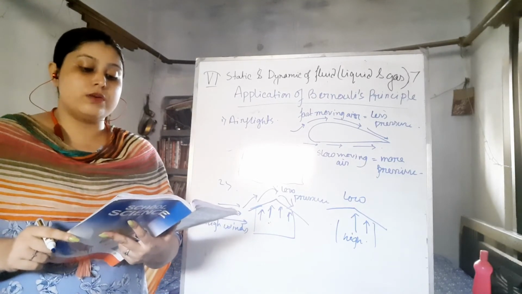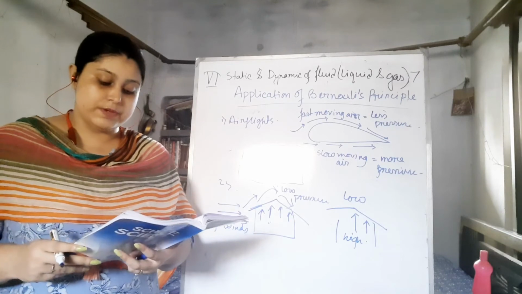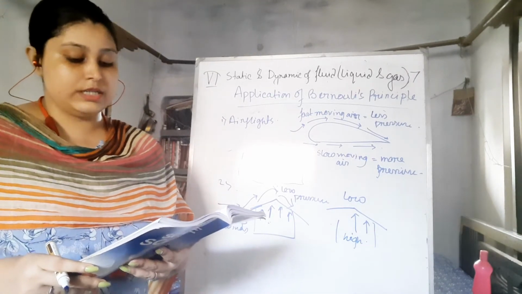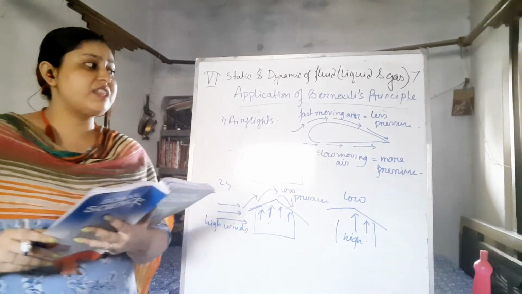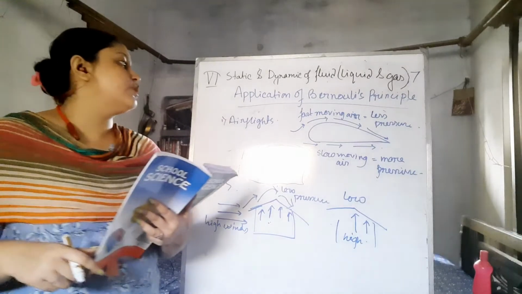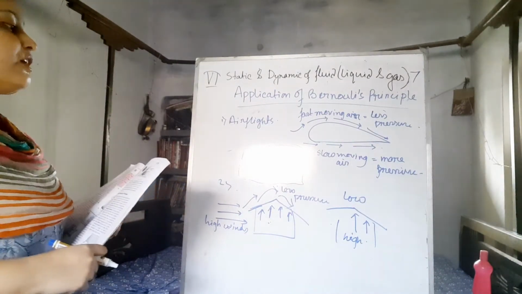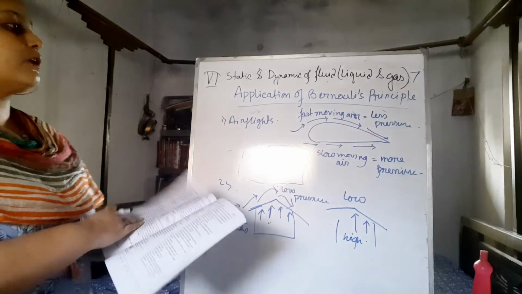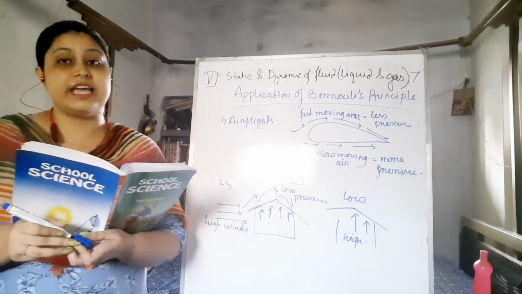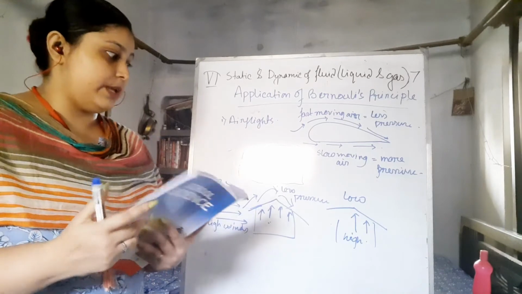Then we learned the concept of Bernoulli's principle, which states that a slower moving fluid exerts more pressure than a faster moving fluid. I gave you some lively examples: air flights, tornadoes, and the railway track attracting people who are standing at the edges of platforms, and many more.